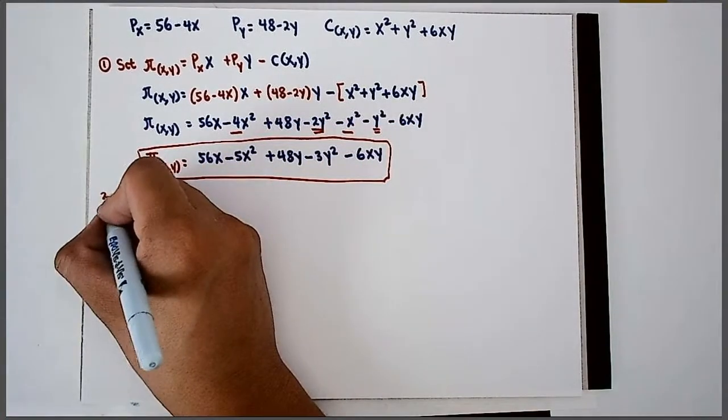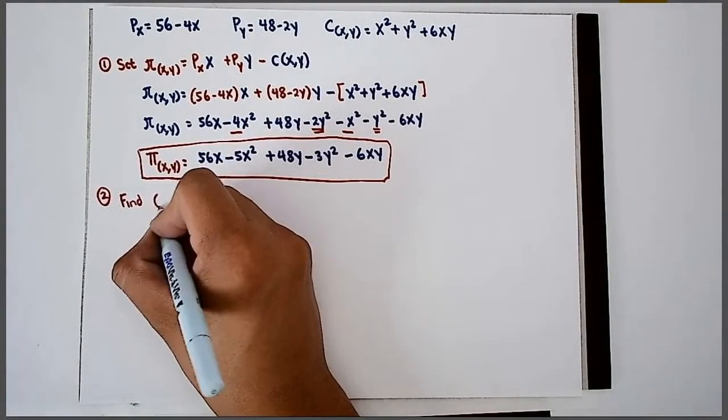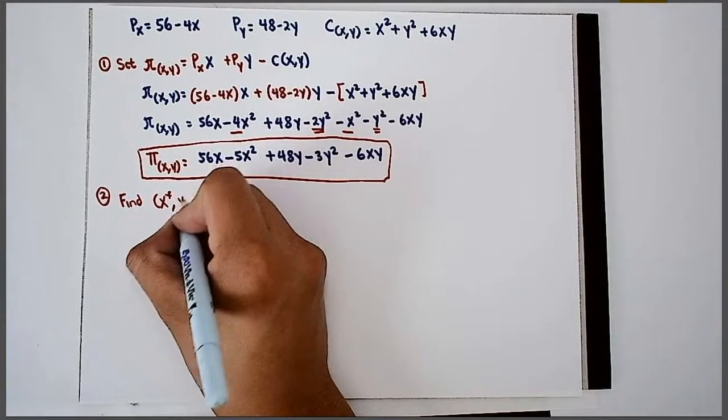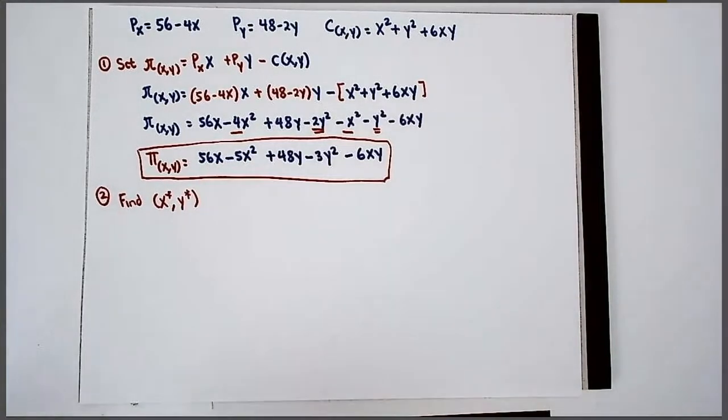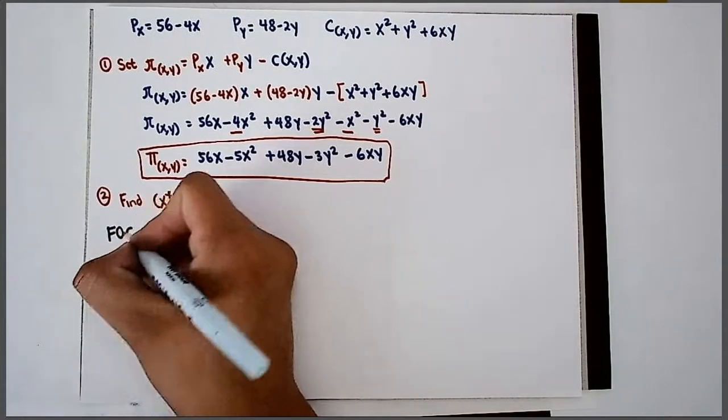Our second step is to find our optimal combination of cotton and corn that maximizes profit. And we do that by using the first order condition.